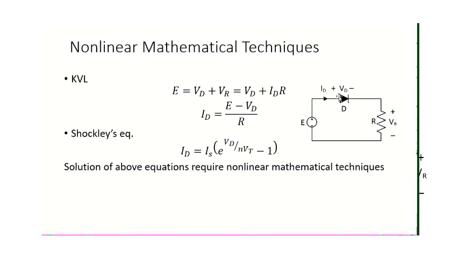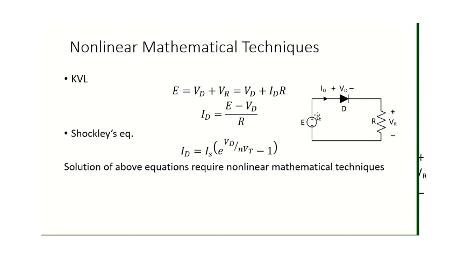The diode drop can be represented with VD, which is voltage drop across the diode, whereas the voltage drop across resistance can be represented by VR, means voltage across the resistor. Using Kirchhoff's law, we can simply write the rise in potential must be equal to drop in potential.